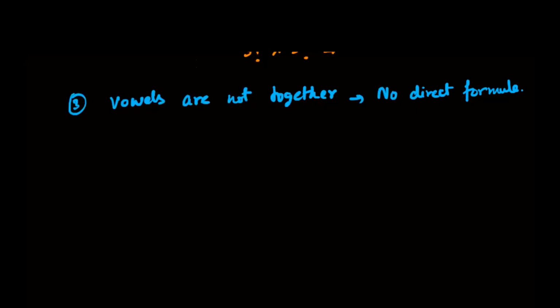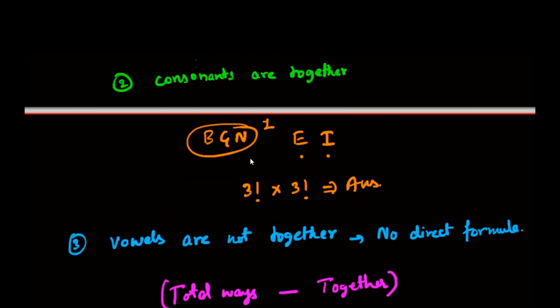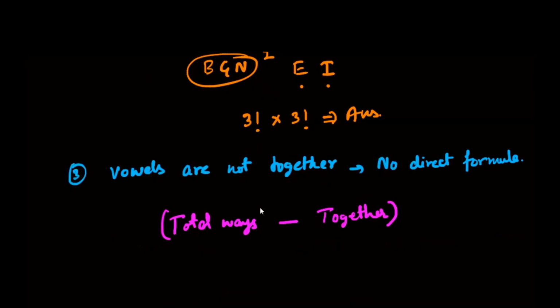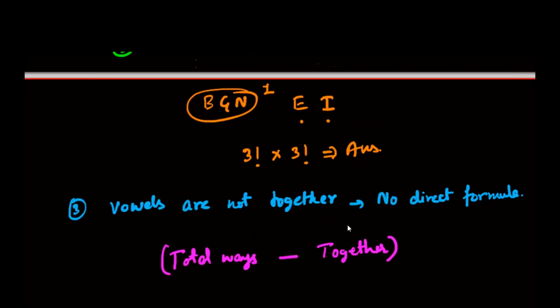What we do basically, we find the total ways, and subtract from together. So this is the answer for not together. I hope you are getting this. So whenever they ask vowels are not together, consonants are not together, find the total number of ways and then subtract the together. Total ways minus together. So remember this thing. I hope you understood the basics of 3 types of problems.